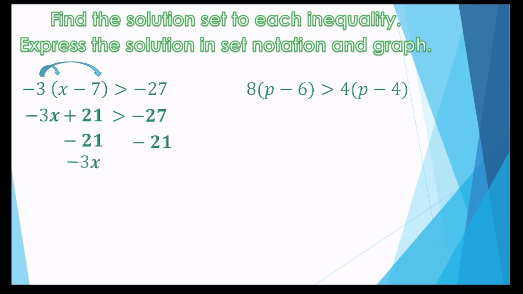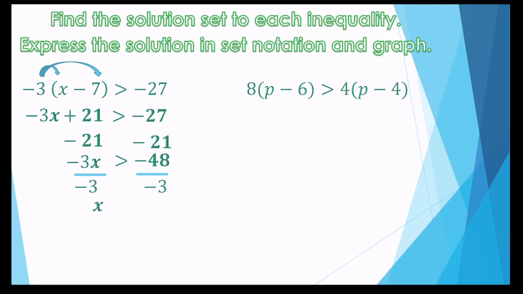So I'm left with negative 3x is greater than negative 48. I haven't isolated my x because it has a negative 3 with it. So if I divide both sides by negative 3, I have to do something.